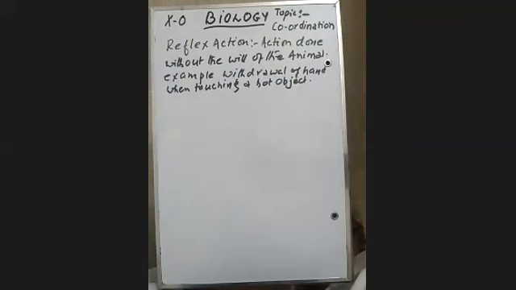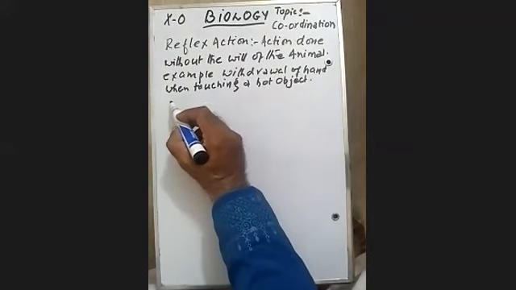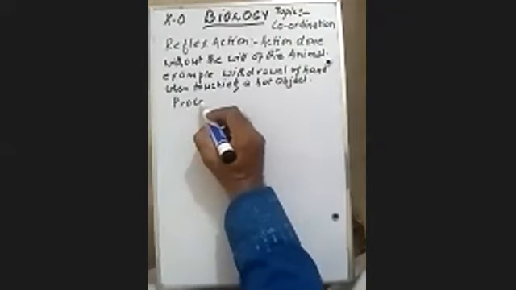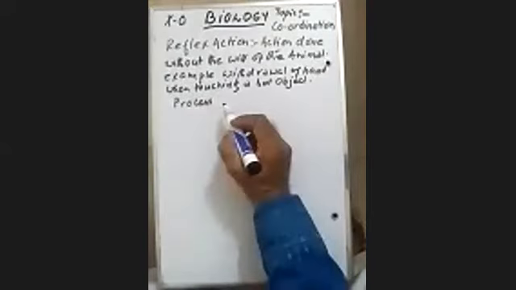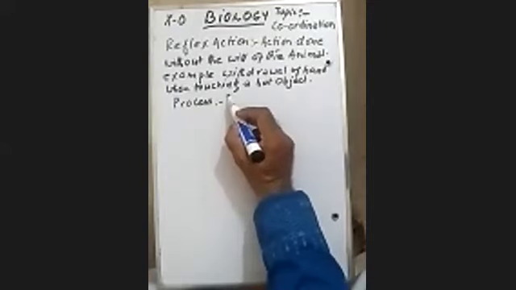This is a very good example. Now, what is the process? How does it occur?